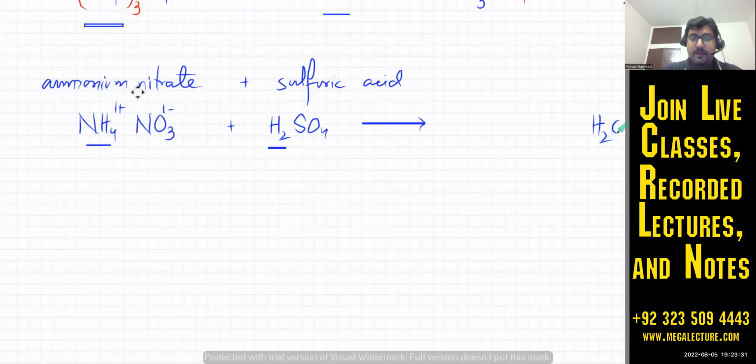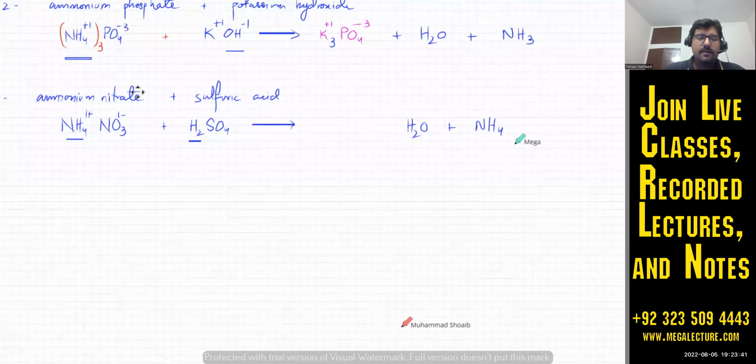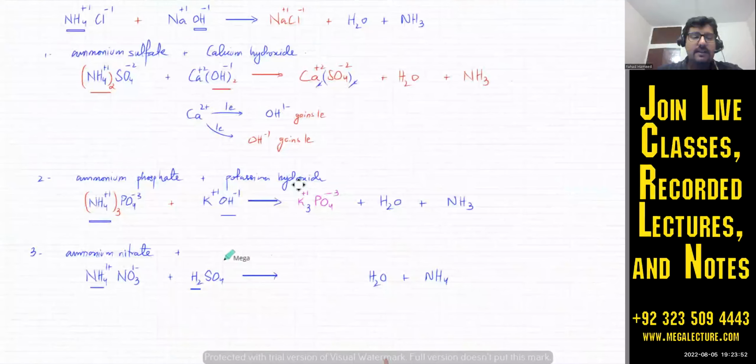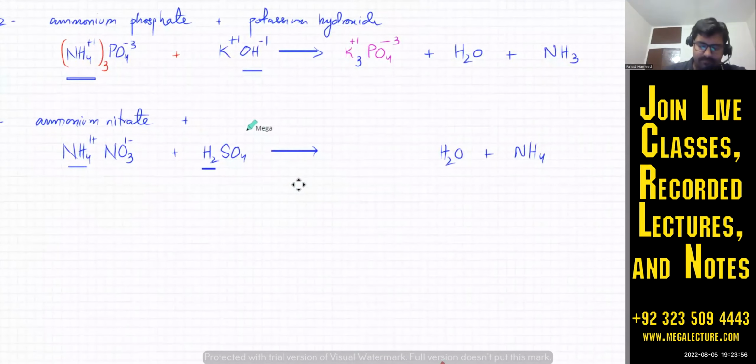So they end up forming water plus NH3. Sorry, I made a mistake. It was with a hydroxide, not with sulfuric acid. The ammonium reaction is with a hydroxide. So let me take barium hydroxide.